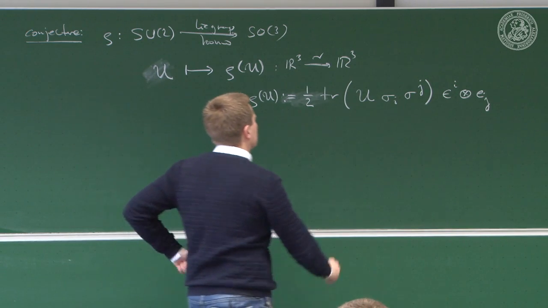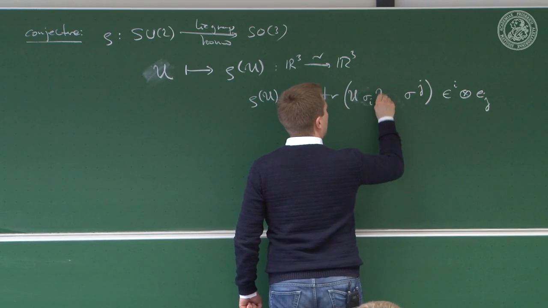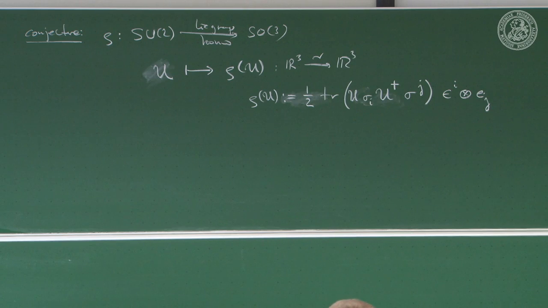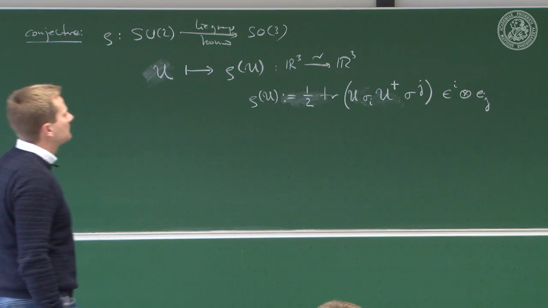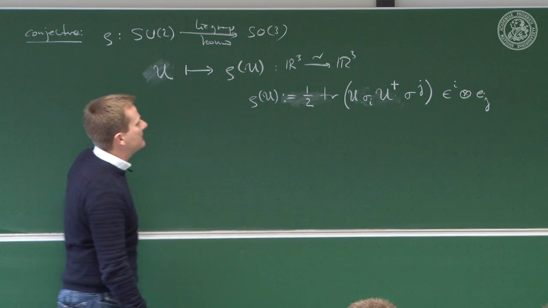Yeah, it's not linear. That's the trick. It's U, sigma I, U dagger, sigma up J. Yeah, it can't be linear. That's my definition. That's how I define this map.